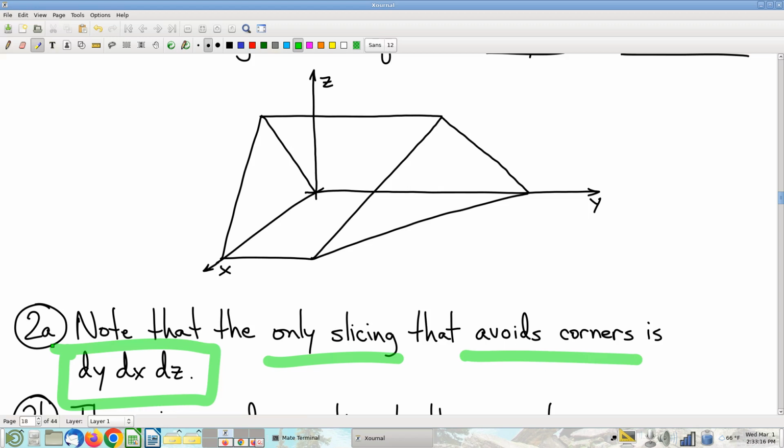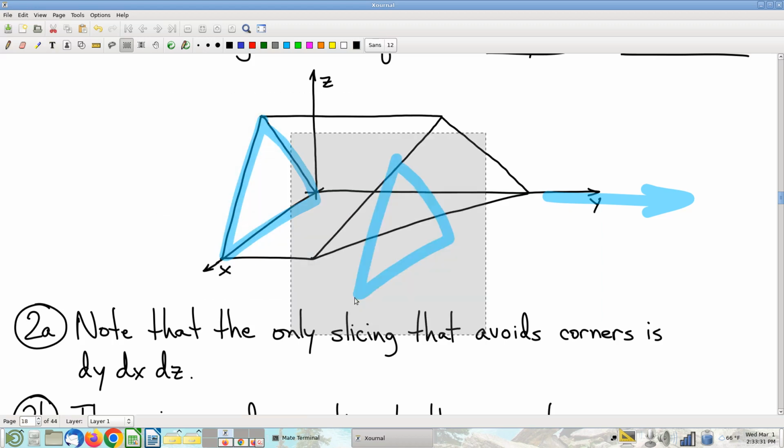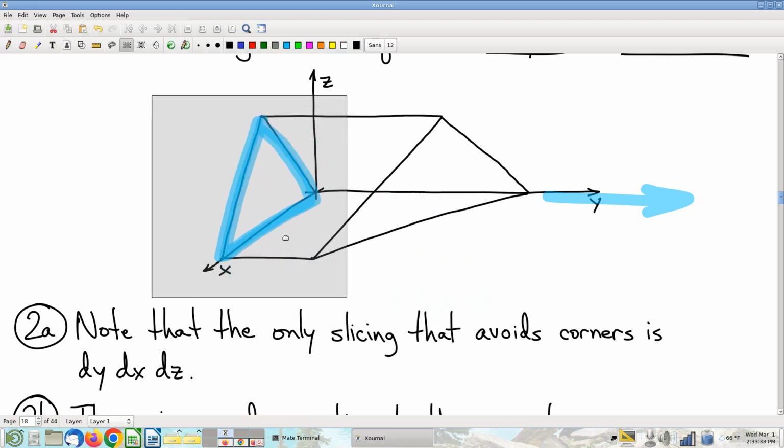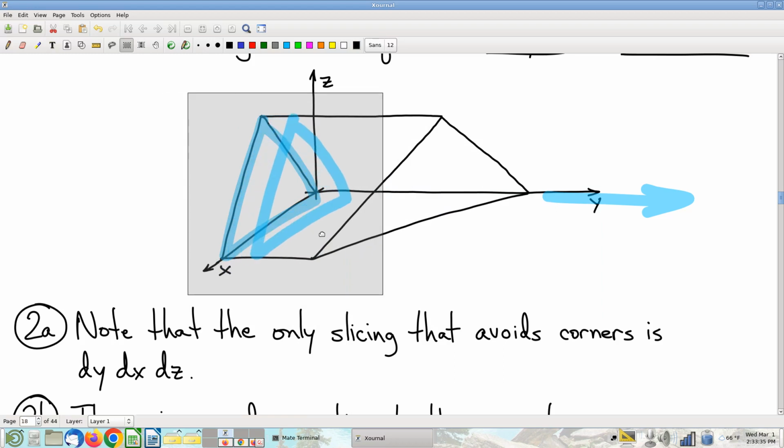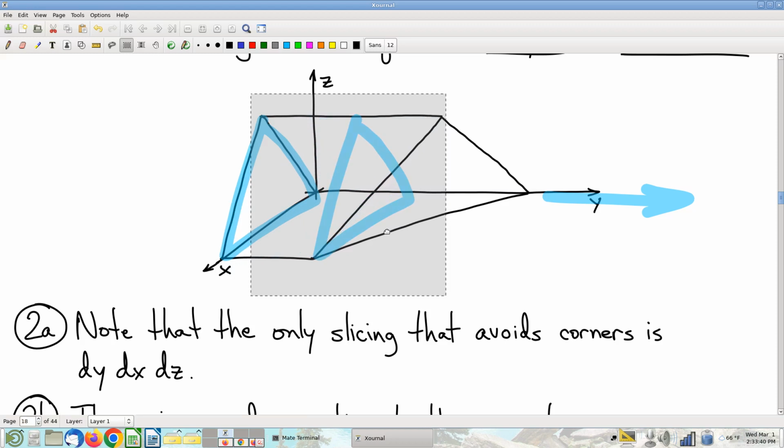And just as an easy example, let's suppose you were to do your y slicing on the outside and say, well, my y slices look like this. What's the problem? Well, as you move to the right, as y increases, everything looks fine until you get to here, where you find yourself slicing through a corner, which we don't want to do.